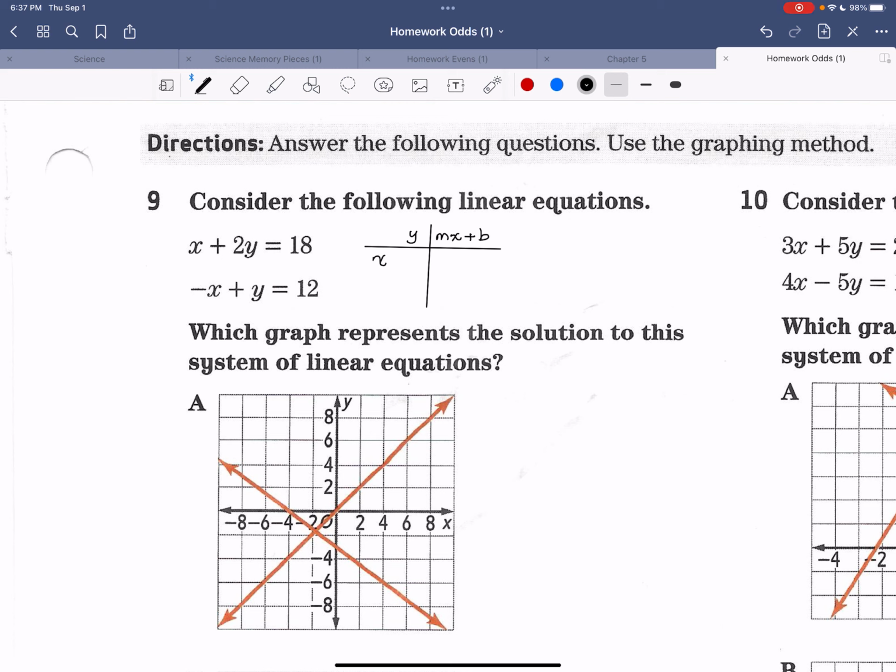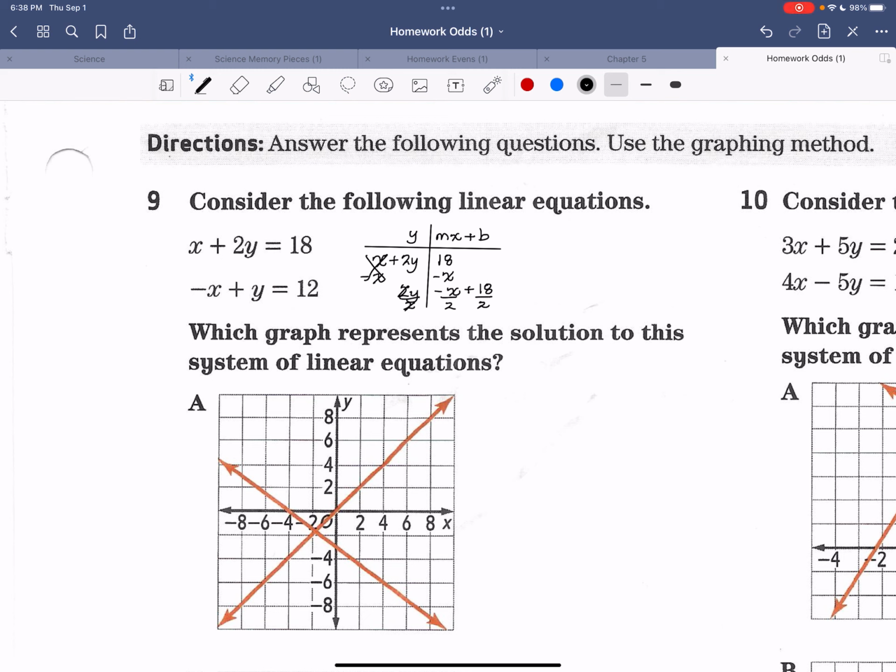The first one is x plus 2y equals 18. So I need to move the x, and I'm left with 2y is negative x plus 18. Divide both sides, all terms, by 2.